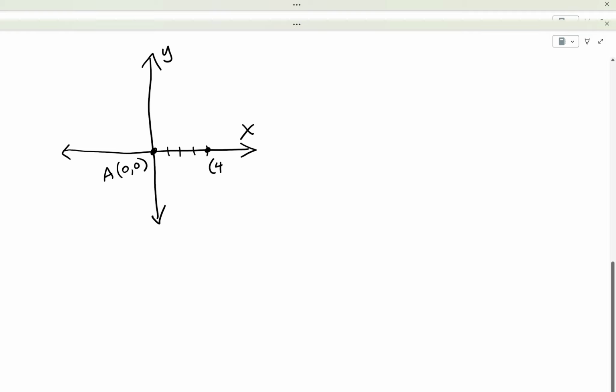And then I did not move up on the y-axis, so that is just going to be a 0. So this is 4, 0. We're going to call this one C, because coordinate B is going to be up 1, 2, 3 spaces. So it's x, y: 4 right on x, and up 3 on y.